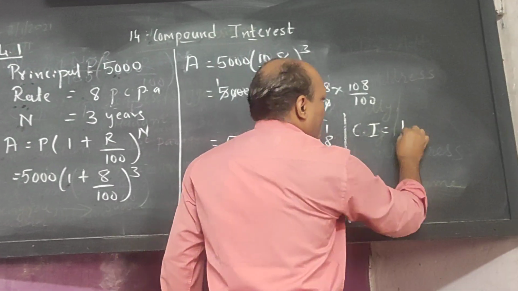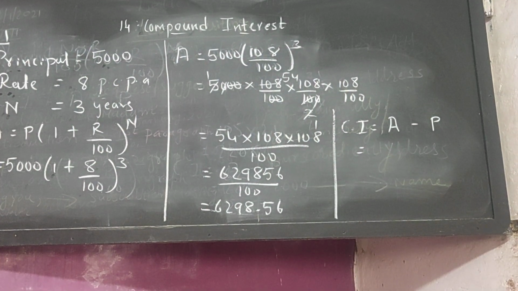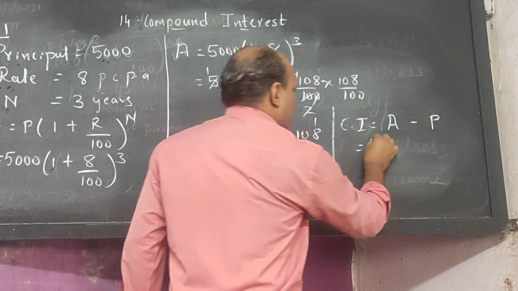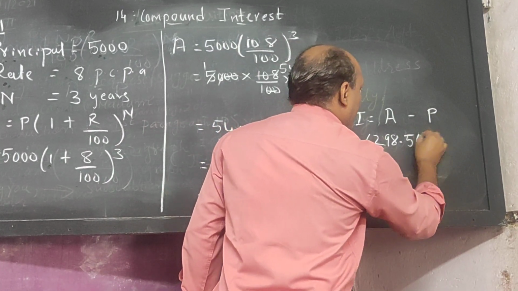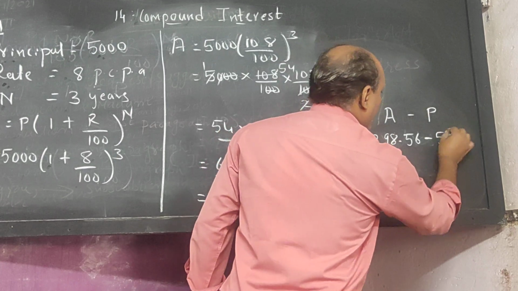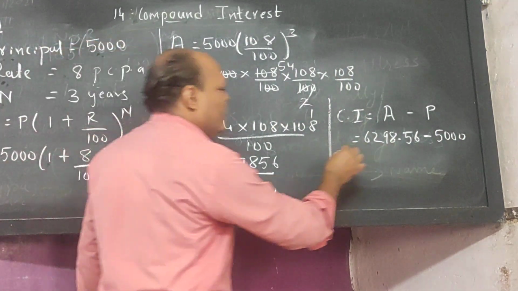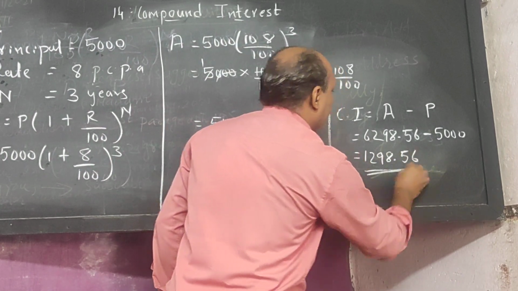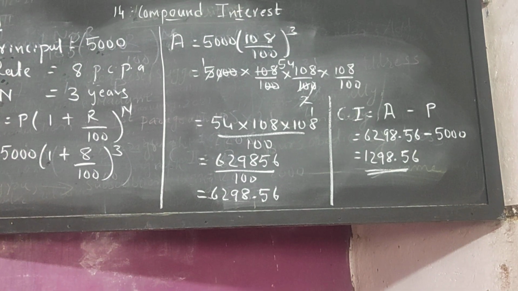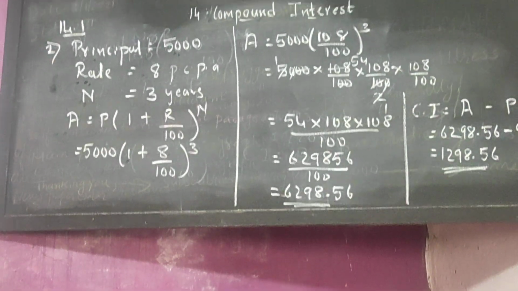Compound interest is equal to amount minus principal. Amount, how much we got? 6298.56 minus 5000. So what answer are you going to get? 1298.56. This is the compound interest you got. This is your amount and that was the compound interest. I hope all of you understood the second sum.